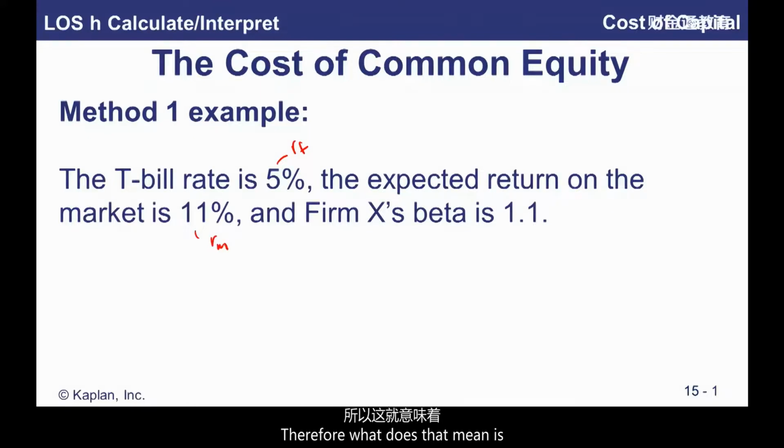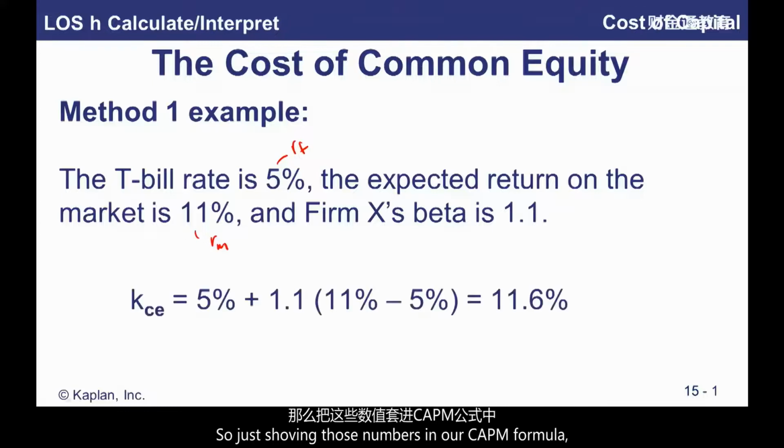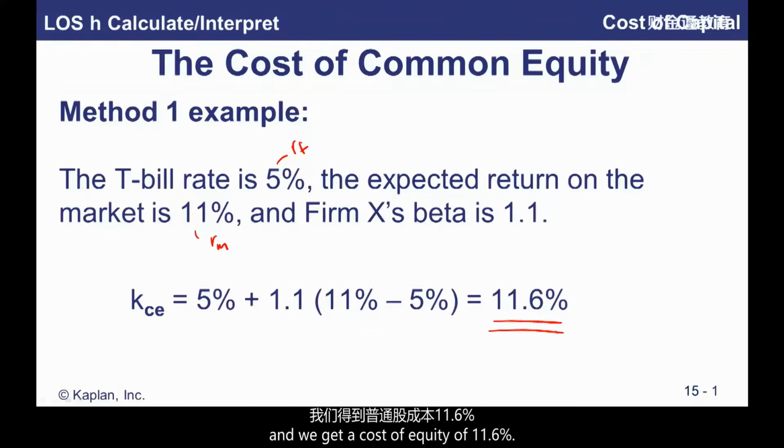What does that mean? We are slightly more risky than the market. Putting those numbers into our CAPM formula, we have the risk-free rate of 5 plus the equity risk premium, 11 minus 5, multiplied by the beta to take into account the systematic risk, and we get a cost of equity of 11.6%.